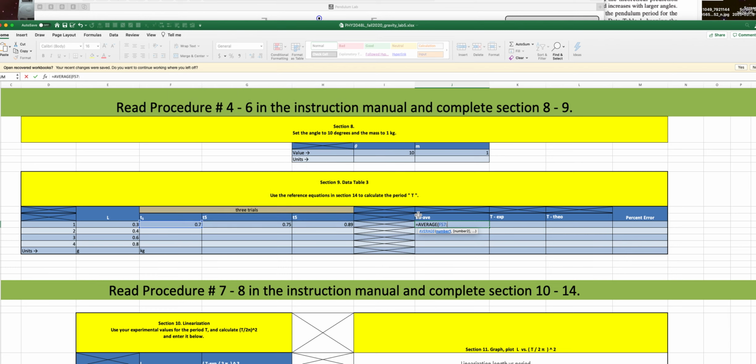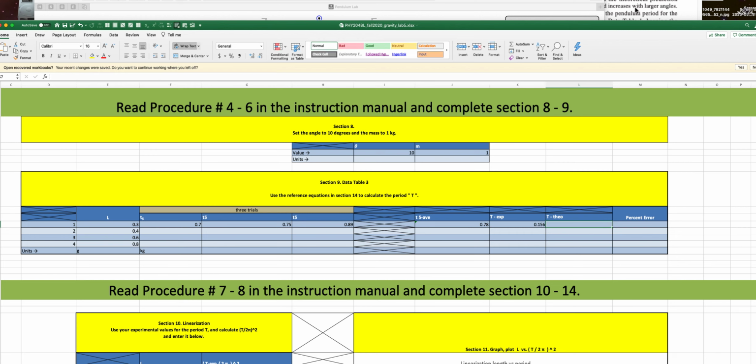Oh, well, I'll just do it H57. And that's the average. And to calculate the experimental period is just going to equal this number, since it's 5 cycles, divided by 5. And the theoretical value, again, you're going to look at your manual.